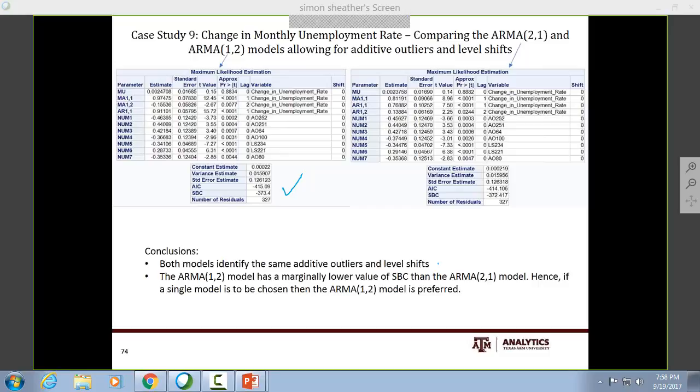So yes, we're going to do ARMAs on X's and ARMAs on Y's, and we're going to try and untangle the effect of X on Y. It's complicated, but we will do it, and you will love what we do. But right now, we're just learning all of the tools of the trade. Okay?